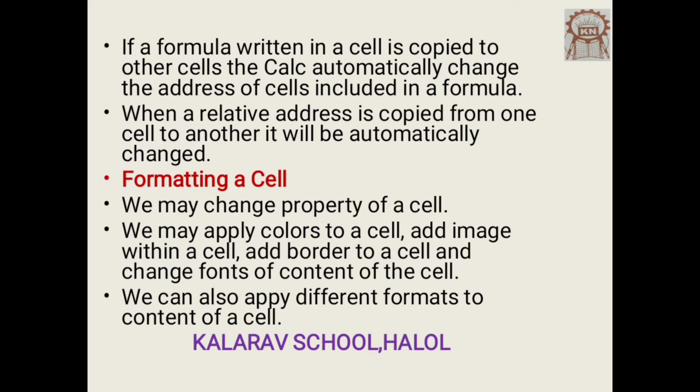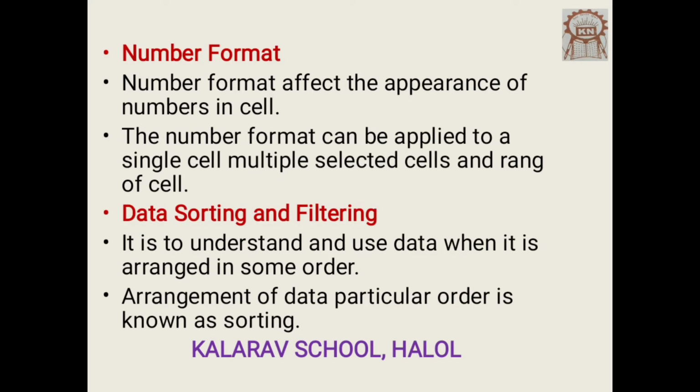We can also apply different formats to the content of a cell, such as changing the format of dates and numbers. That is, formatting can be applied to numbers, content, alignment, cell content, cell borders, and cell background. For this purpose, we may use the Format Cells dialog box or the formatting toolbar.